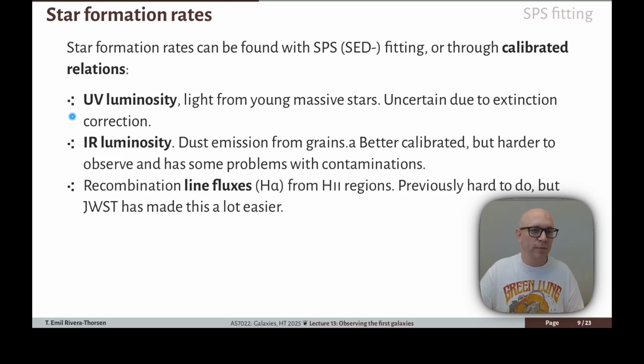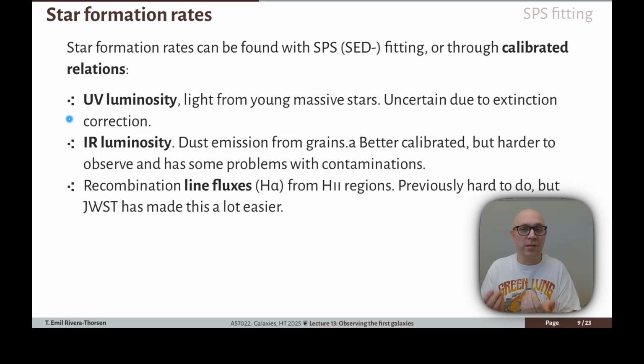The problem with UV luminosity is that it is uncertain due to extinction correction. Dust is quite harsh to UV light, so it can be quite difficult and very model dependent how much you have to correct your observed UV luminosity in order to get the actual physical UV luminosity. And that can be a little bit iffy, but sometimes it's the only thing we have.